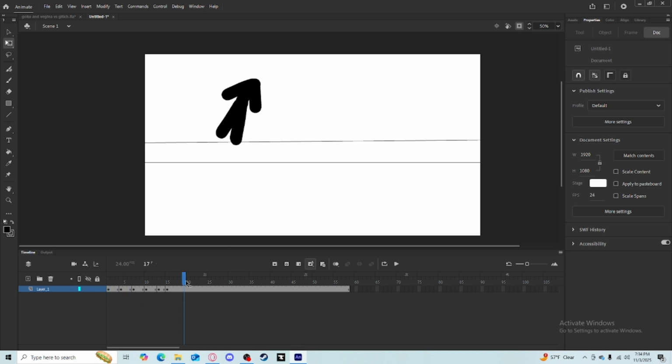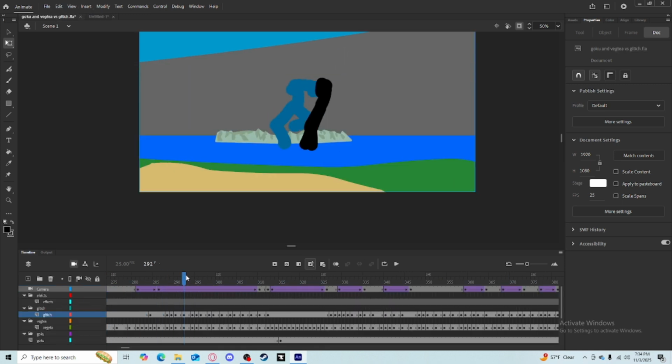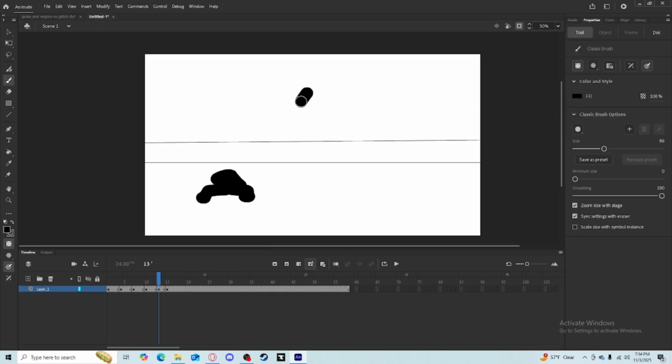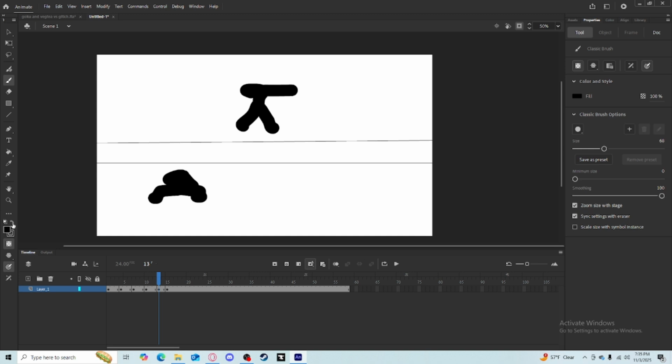Now for the fights, coming back here, I would draw the attacker first. So the person that's attacking, I would draw first. And so this will look like this. I would draw the person that's throwing the punch first, and then next I'll draw the person that is defending, after I drew all of his movements.